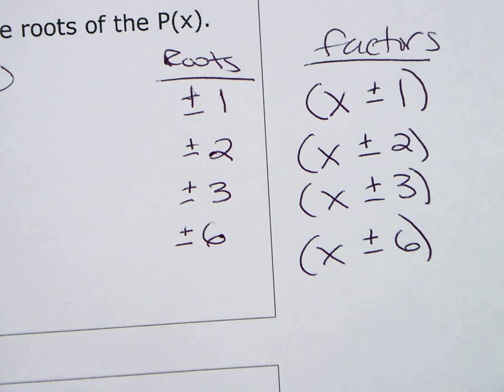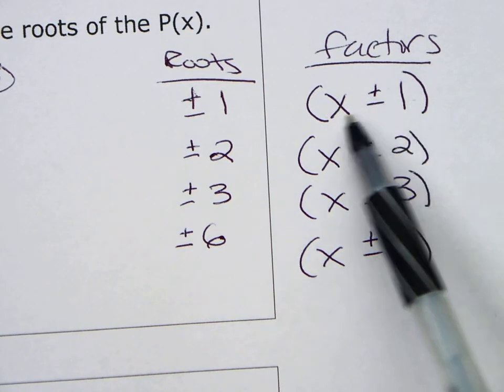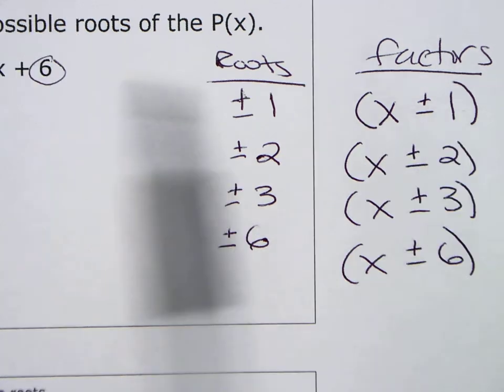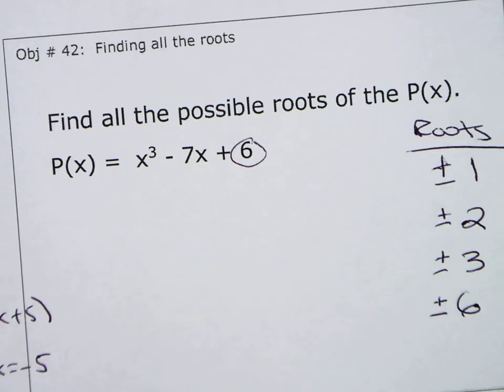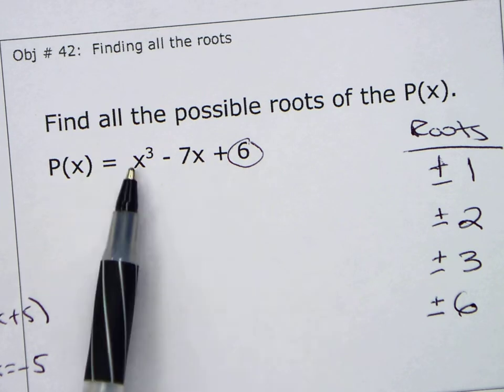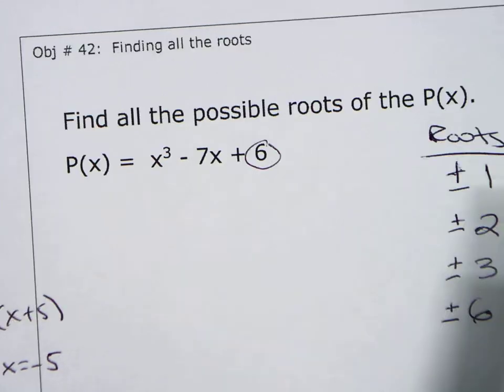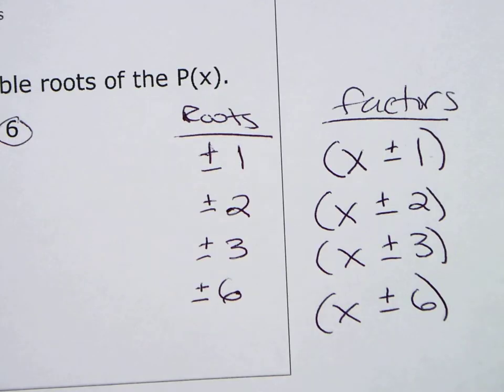So we want to know, does x plus 1 or x minus 1 go into this polynomial? What does that mean to you? Hopefully that means division. Can I divide x cubed minus 7x plus 6 by x plus 1? Can I divide it by x minus 1? And so on.